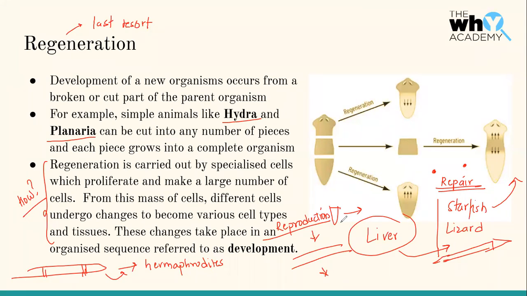Yeah, but that won't be called fission. That is called mitosis. That is a different concept. What you are saying is called mitosis, where the cell divides into two daughter cells. That is a completely different process, and it is known as mitosis.